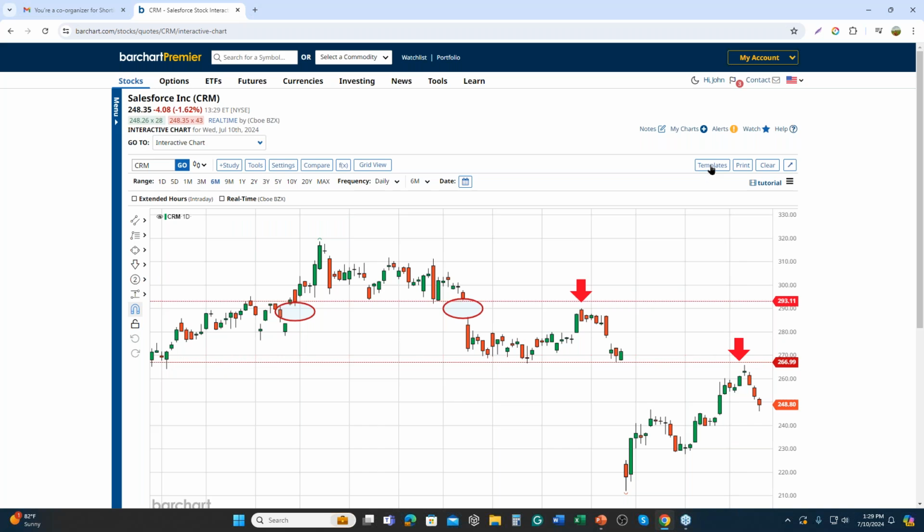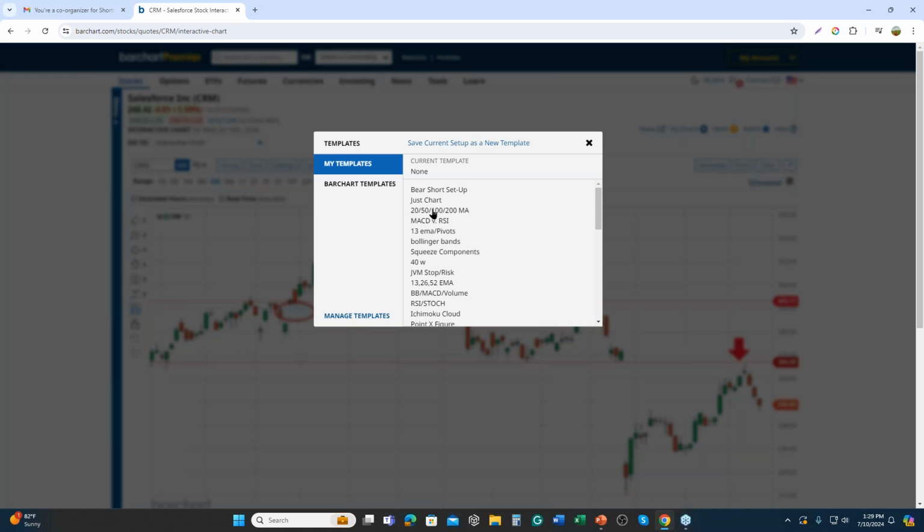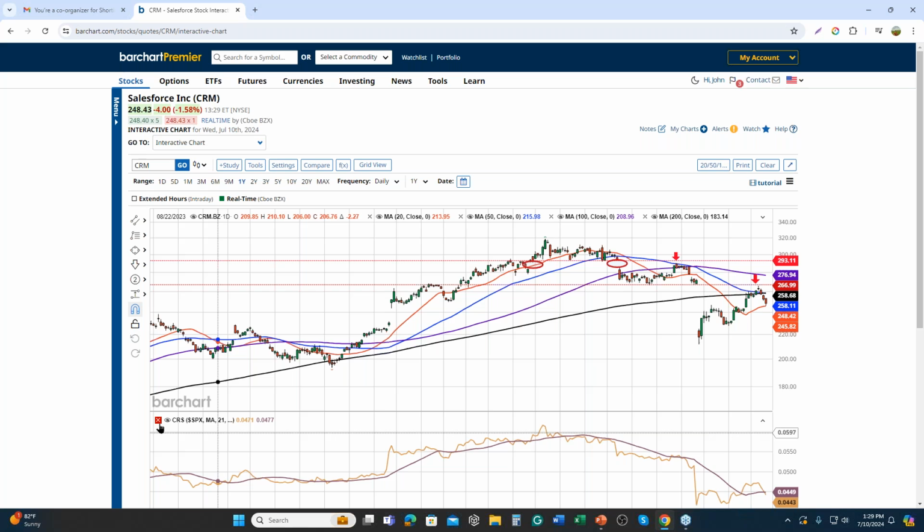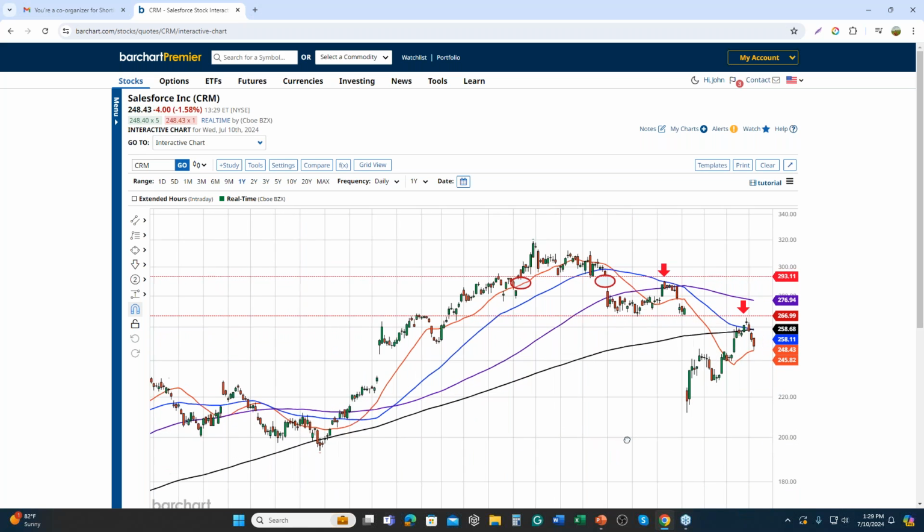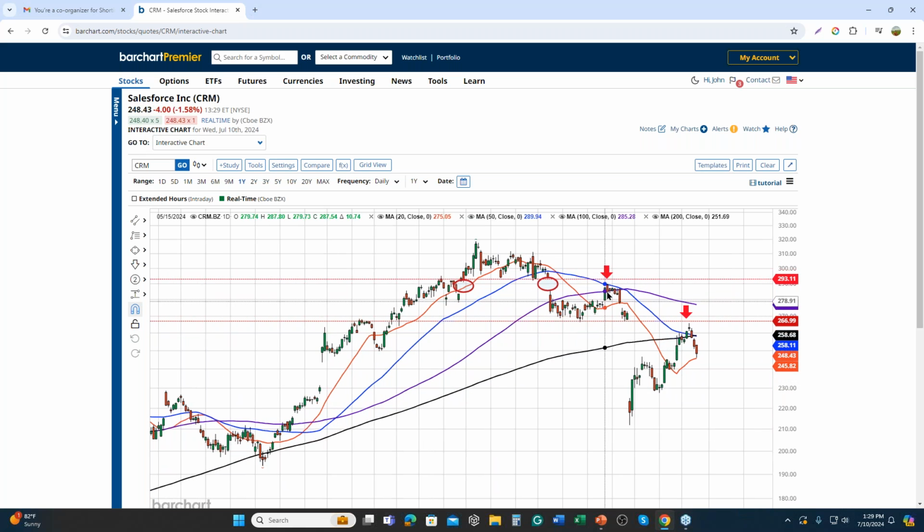Now, let's put our moving averages on top of this. And notice that this partial gap fill right here, where we failed to recapture the 50-day moving average.